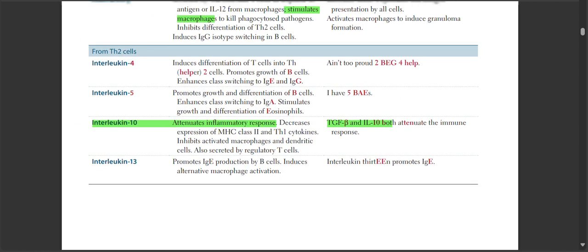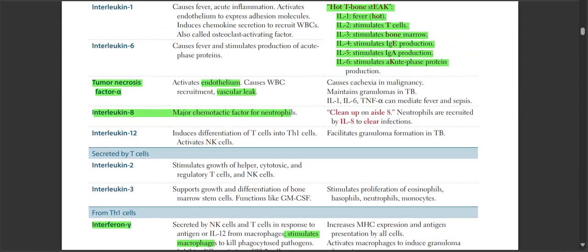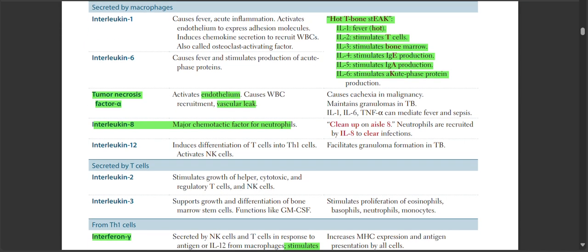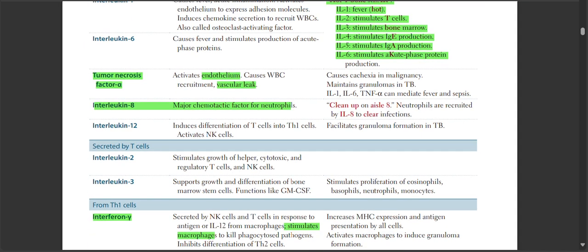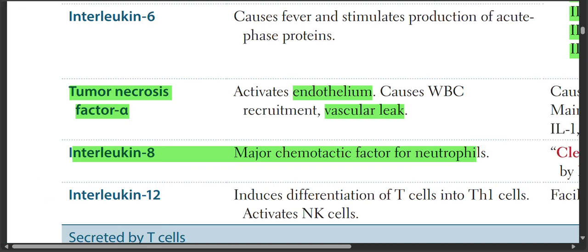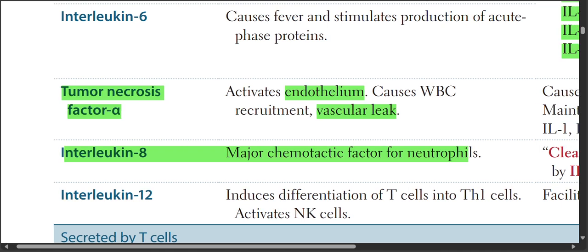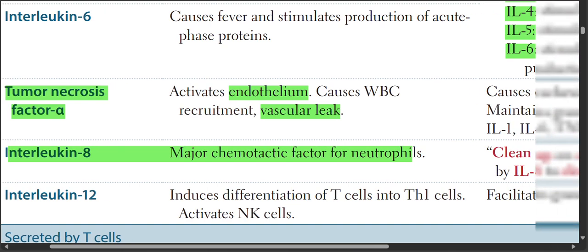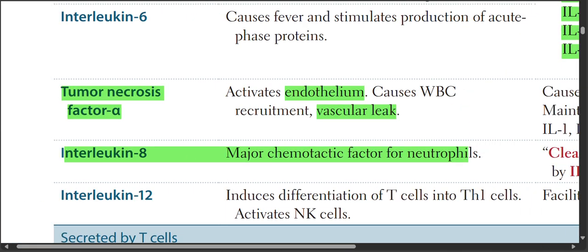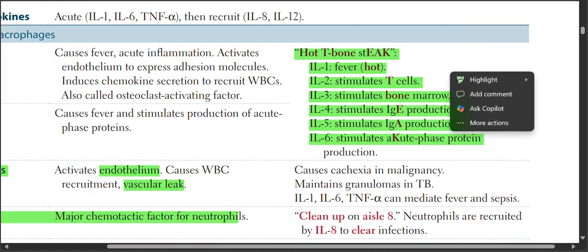Okay. So any questions with these interleukins? Dr. Taha, can you go over the tumor necrosis factor alpha again? Oh, yeah. Interleukin 6, interleukin 1, and tumor necrosis factor alpha, I remember they being produced in inflammatory conditions, right?